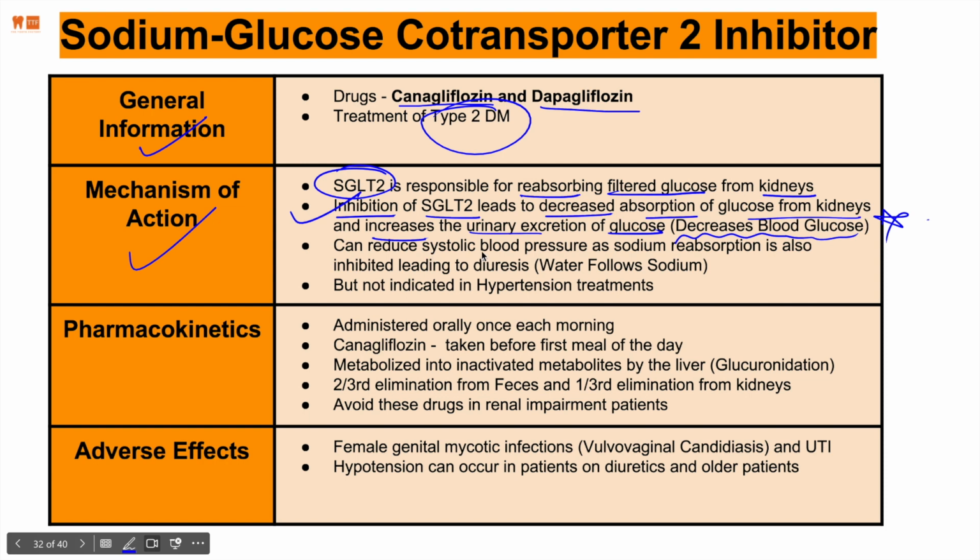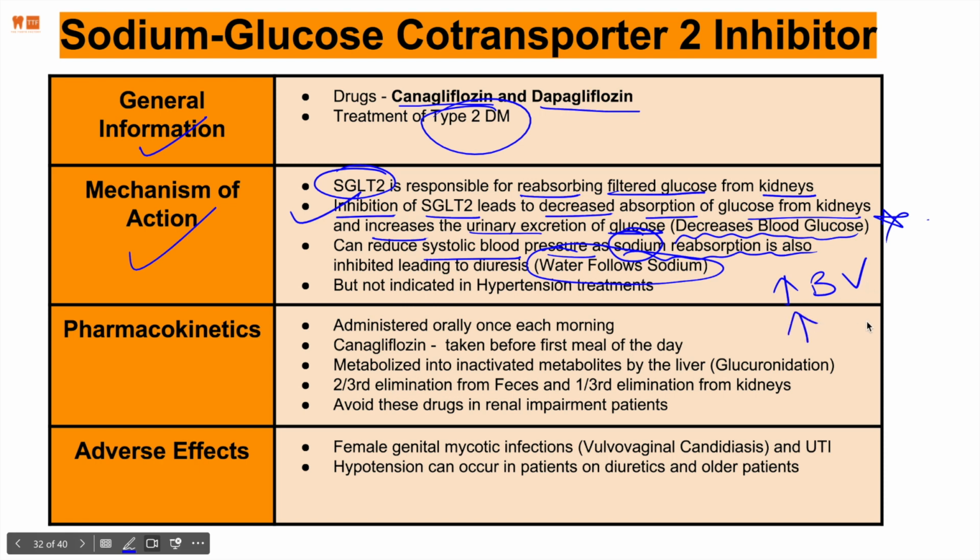It can reduce systolic blood pressure as sodium follows reabsorption. Now, if you think about it, the sodium glucose co-transporter not only takes glucose back to the blood, it also takes sodium. Okay? Water follows sodium. When that happens, there is an increase in blood volume.